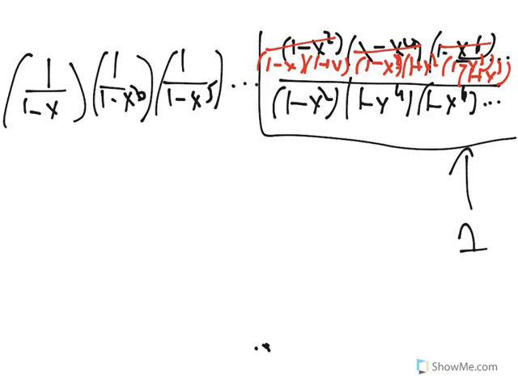But now I'm going to do some canceling, like this 1 minus x can be canceled out with that. And the 1 minus x squared can be canceled out with this. And the 1 minus x to the 3rd can be canceled out with this. And the 1 minus x to the 4th, that's eventually going to happen next, we can cancel that with this. And the 1 minus x to the 5th will get canceled out with this. And the 1 minus x to the 6th will get canceled with this.